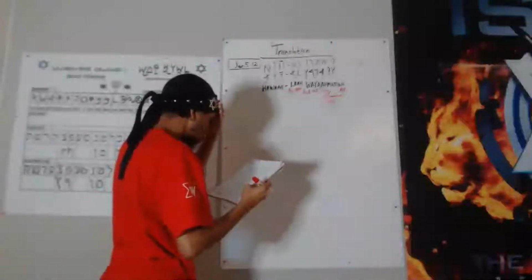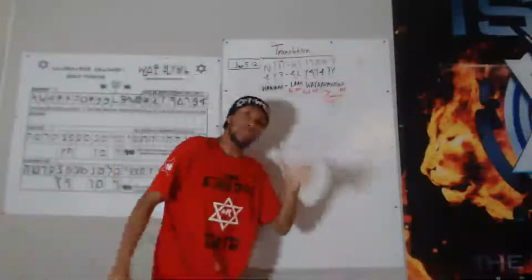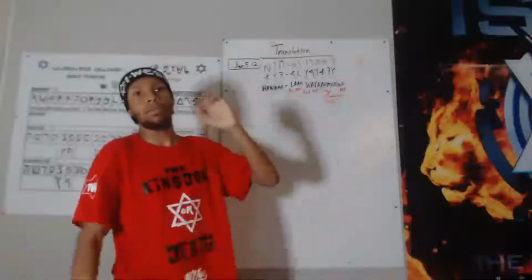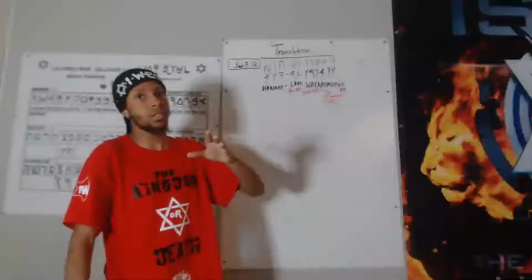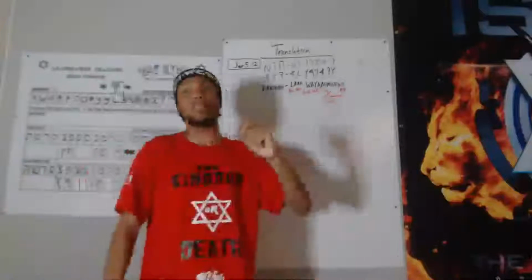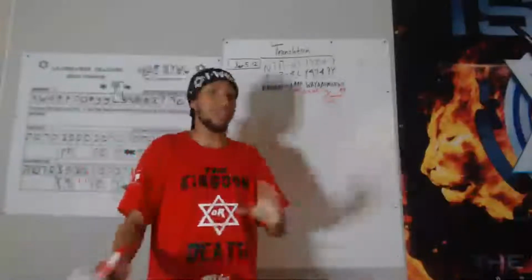Now, you might not even understand this either. So, have you ever heard of past tense, present tense, pronouns, future tense? You know how to say present, past, future, stuff like that? That's what that is.